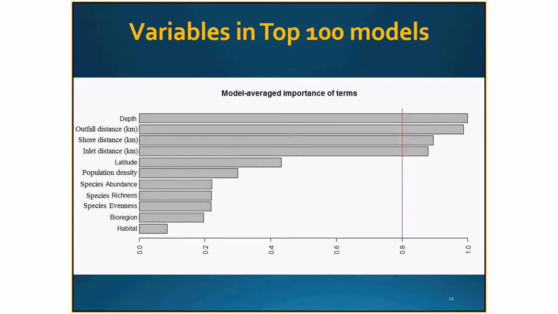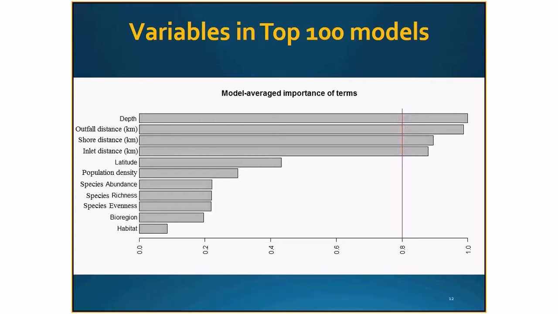When you run a full model in model selection, it runs every possible iteration of the model and weights them based on AICc. What this is showing you is a model-averaged variable importance. So the way to interpret this, for instance, depth, is that out of the top 100 models based on model selection, depth showed up in 100 out of 100 models as being important.